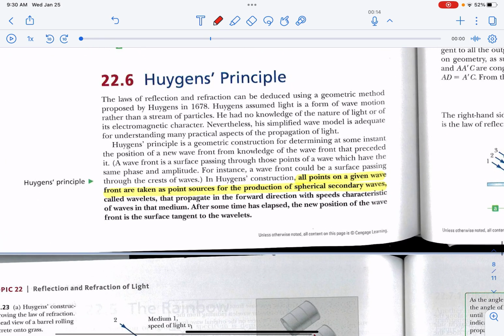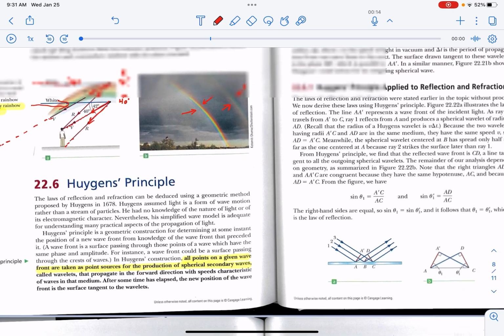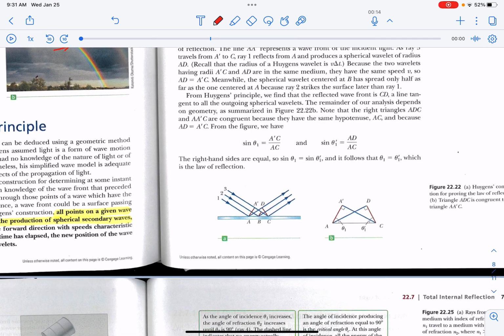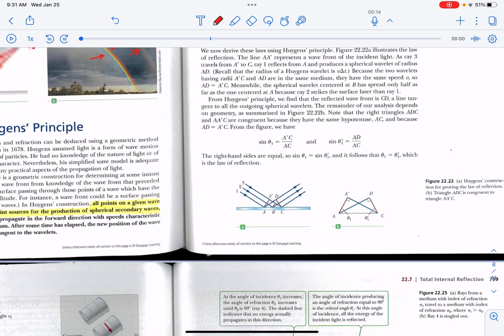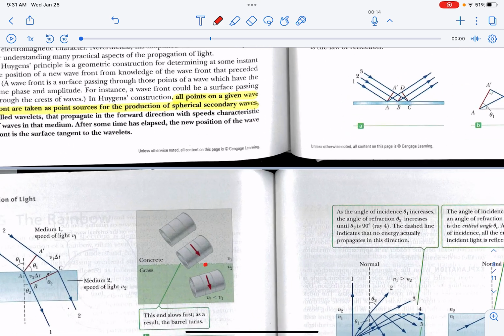Now, we've talked about Huygens' principle in an earlier talk where we were comparing Newton's corpuscular or particle model with Huygens' wave model for explaining the various properties of light. He likes to use all the points along the surface of a wave to predict where that light will be propagated if going in a straight line, or reflected or refracted if striking a surface.